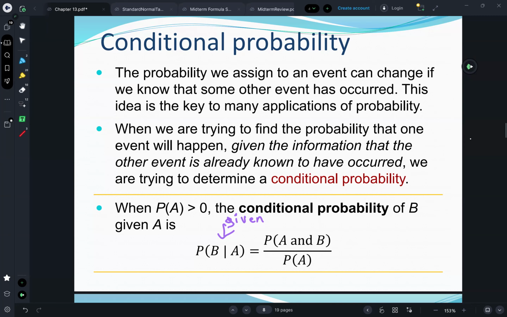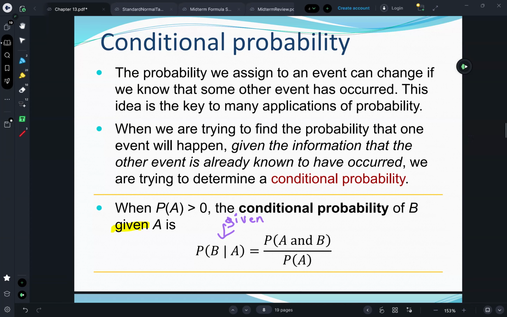Then the conditional probability of B given A is written like this: the probability of A and B occurring together at the same time, divided by the probability that's been given.